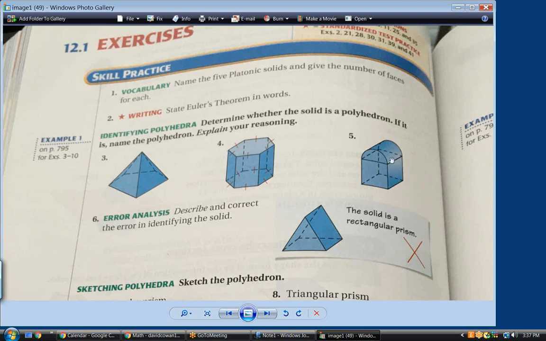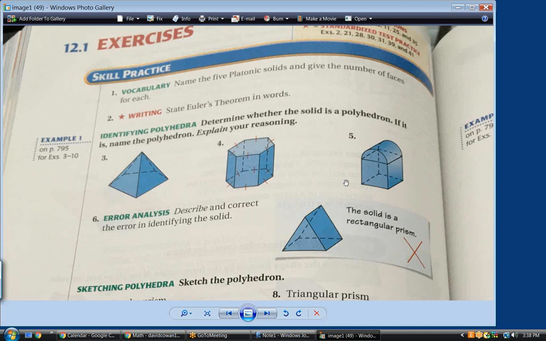What's that? Number 5. Is it a prism, I guess, is my question. I don't think it's a polyhedron. Is it a prism? No. Well, actually, look at the back side. It's equal, opposite, and parallel to the front side.